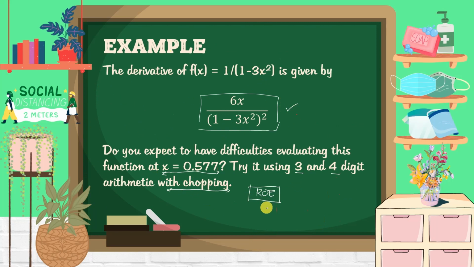So, this is an example in finding the round off error. And we have here two situations. We have the 3-digit arithmetic with chopping and the 4-digit arithmetic with chopping. And we have a value of x equals 0.577. So, in this problem, try calculating this using Excel.